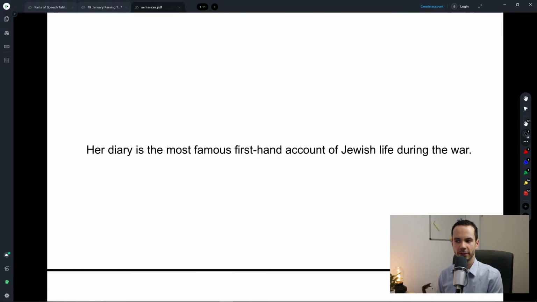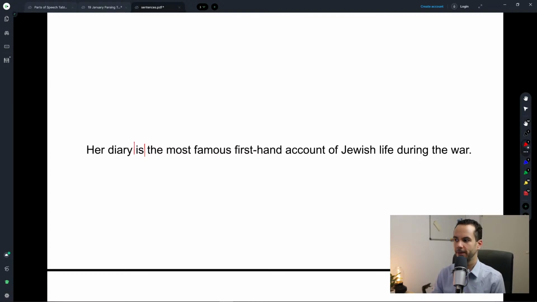So even though this sentence looks very long, it's still a simple sentence because we only have one clause, and we don't have extra clauses, right? So that means that if we were to analyze this, and if we were to put slashes to indicate the different constituents, we would have her diary is, and then something else.